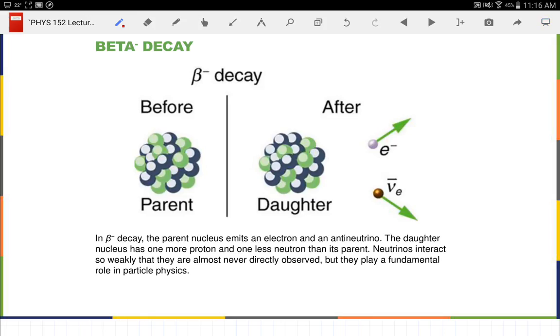Beta decay is interesting. This particle here, initially people looked at beta decay, they see the nucleus, they see the new nucleus, and they see the electron, and they say, that's it. But then with careful observation, careful experimentation, they found the problem. Energy and momentum weren't conserved.